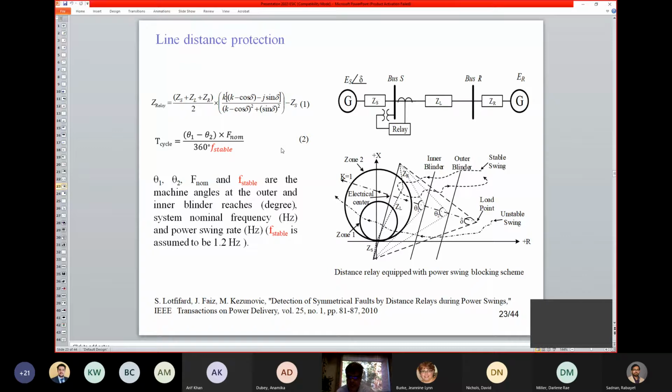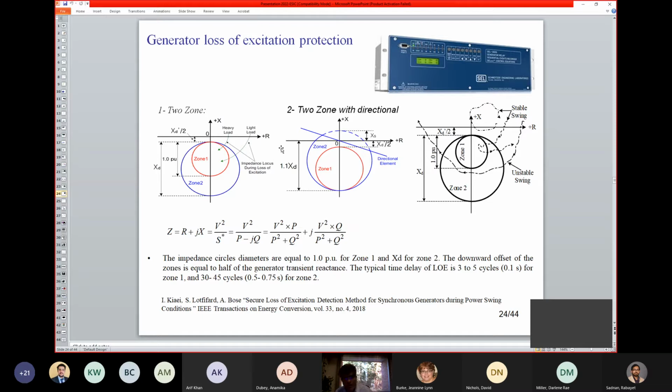The single-phase fault is easier to detect because it's an asymmetrical fault. But the symmetrical fault and power swing in a low inertia power system is a challenging problem. So this is one of the vulnerable protection systems that should be integrated into the dynamic security assessment.